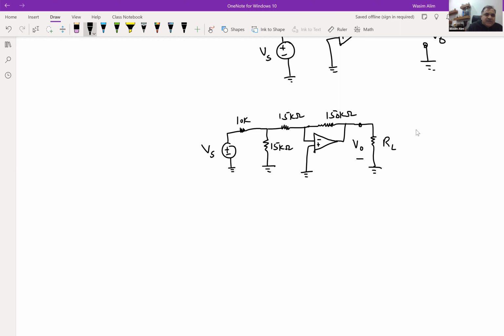So now I'm asked: what is the gain of this circuit?